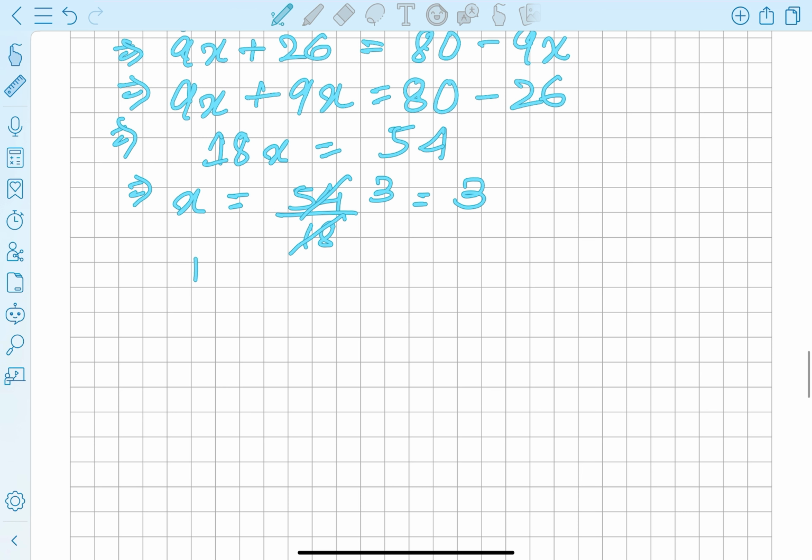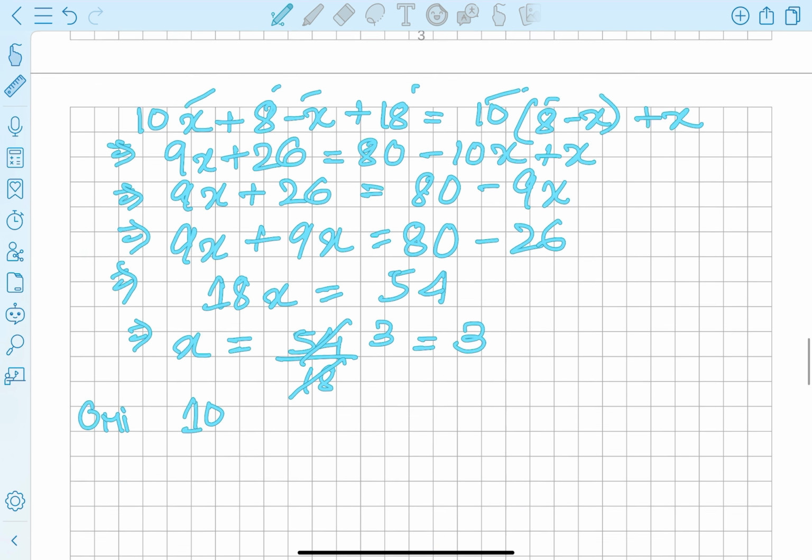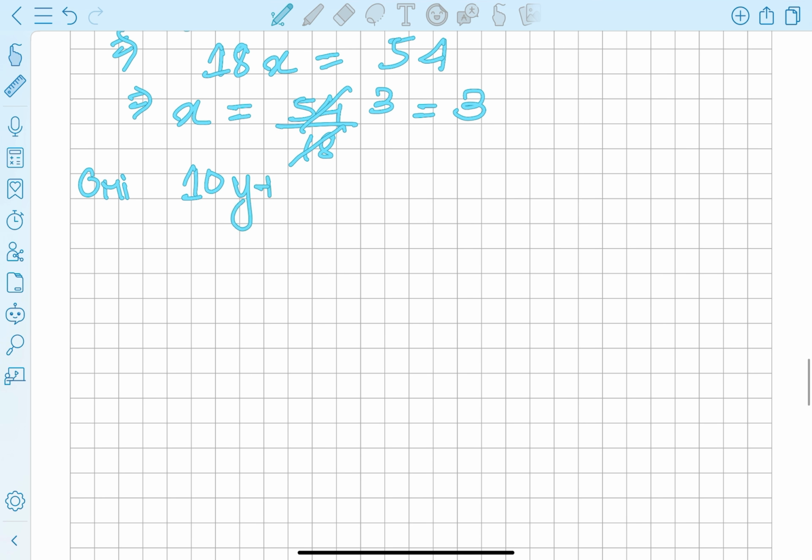Now if you have to find out the number, what was the original number? Look at the front of your sum. You had set the original number to be 10y plus x. Okay, 10y plus x. Now what is y? As I had told you, x plus y equals 8. Now x's value you know, 3 plus y equals 8. So y will be 8 minus 3, that is 5, right?